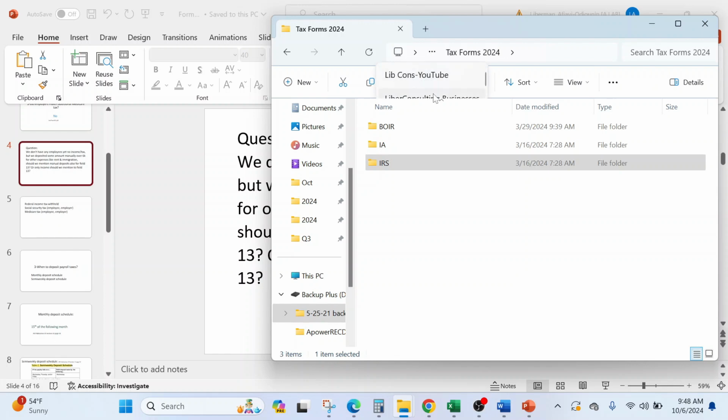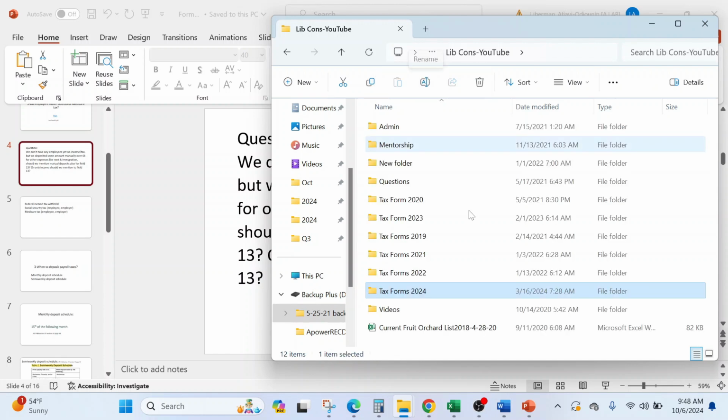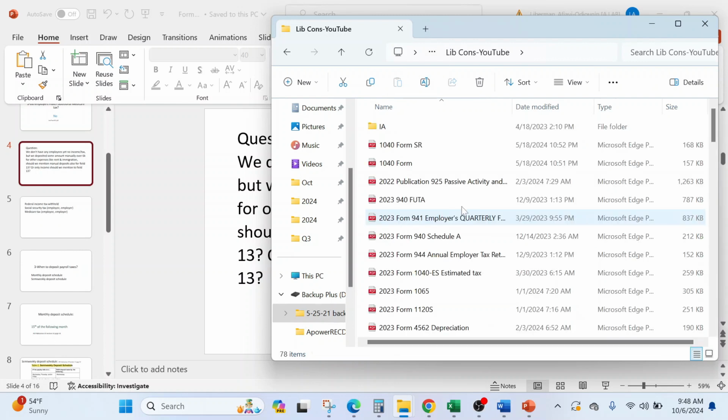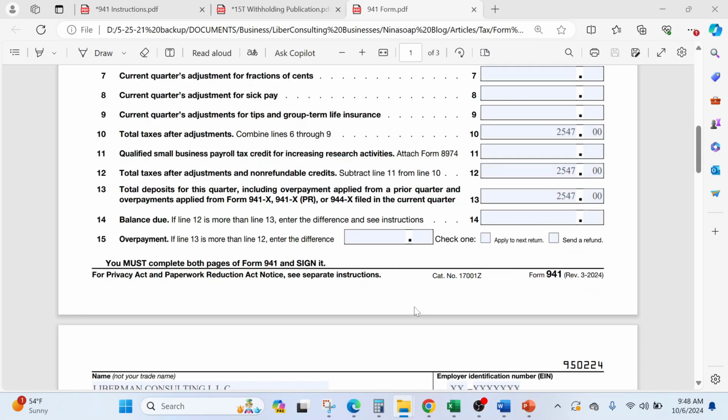To be able to know how much you are contributing to your business. And if we can find Form 1120S, you should be able to find a balance sheet in there.